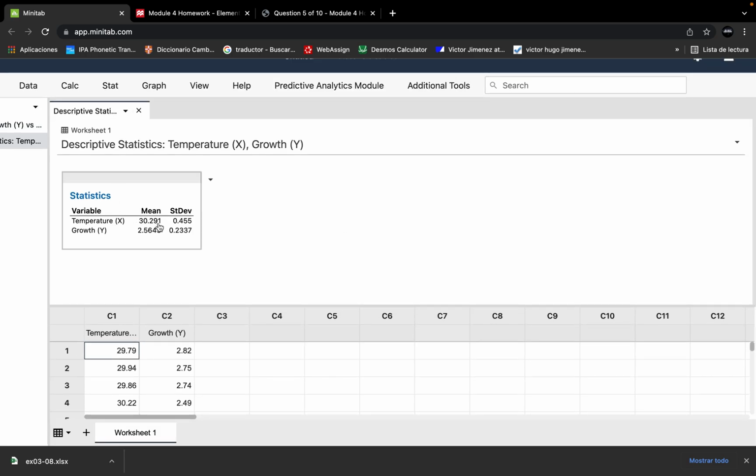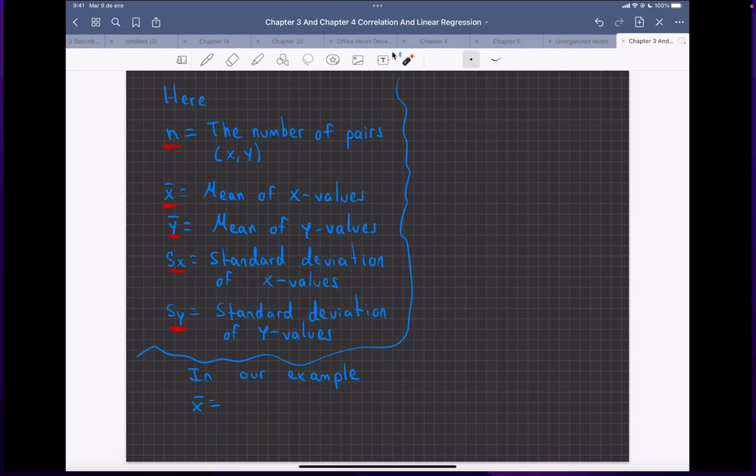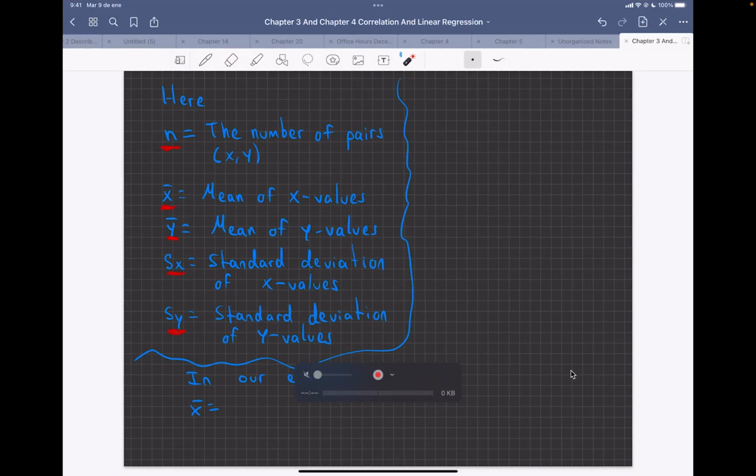There you have. For temperature, the mean is 30.291 and the standard deviation 0.455. So let me write it here. X bar is 30.291.